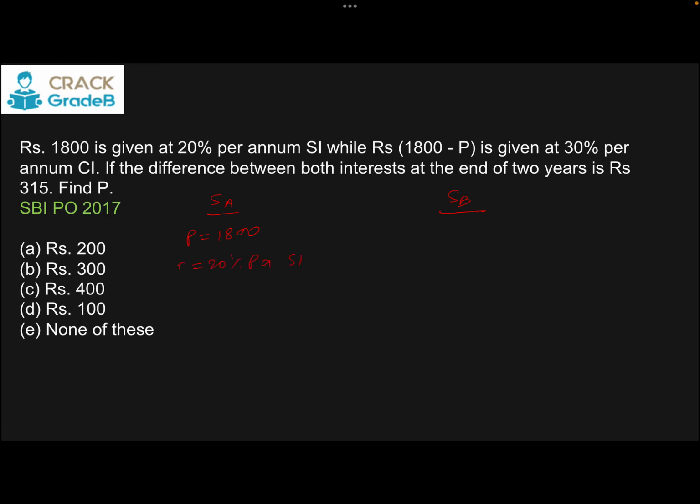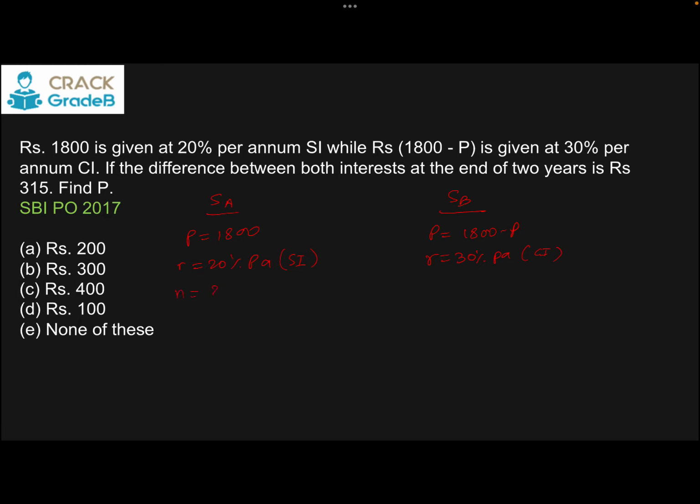Rate of interest is 20% per annum under simple interest. And here the principal is 1800 minus P, and rate of interest is 30% per annum under compound interest. The difference given is 315.